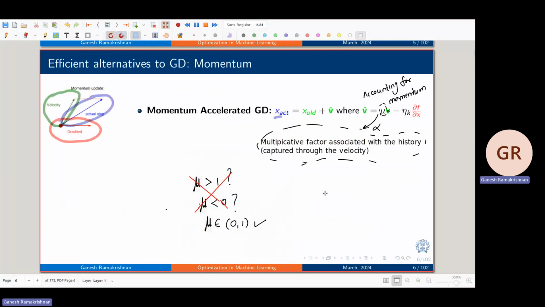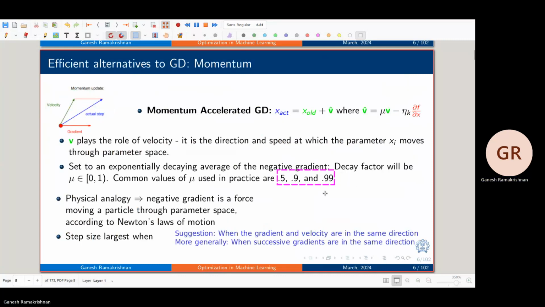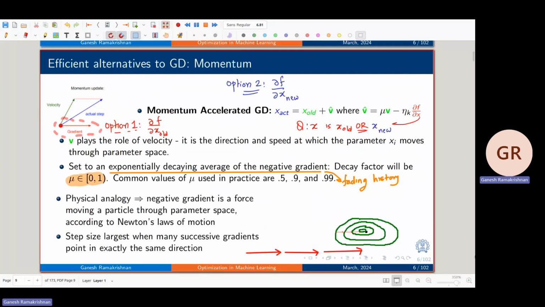Then we came across this variant we call the momentum version, where we have on one hand the gradient and the other is velocity accumulated. We also said the gradient can be applied at the original point, or you could apply the gradient at the new point.